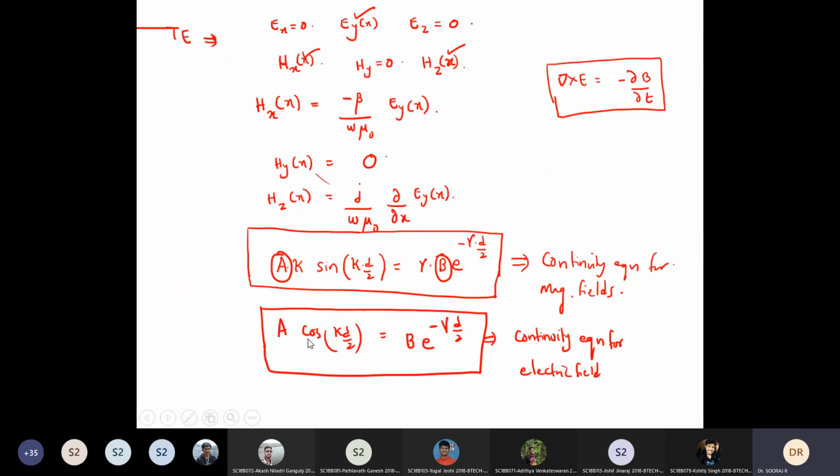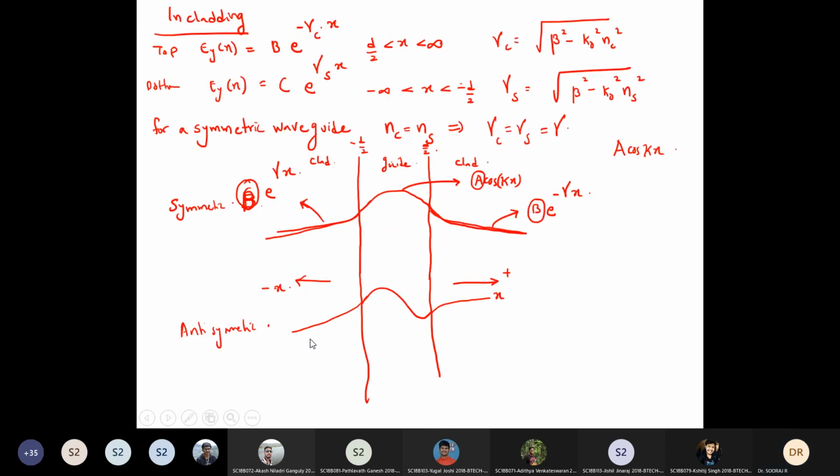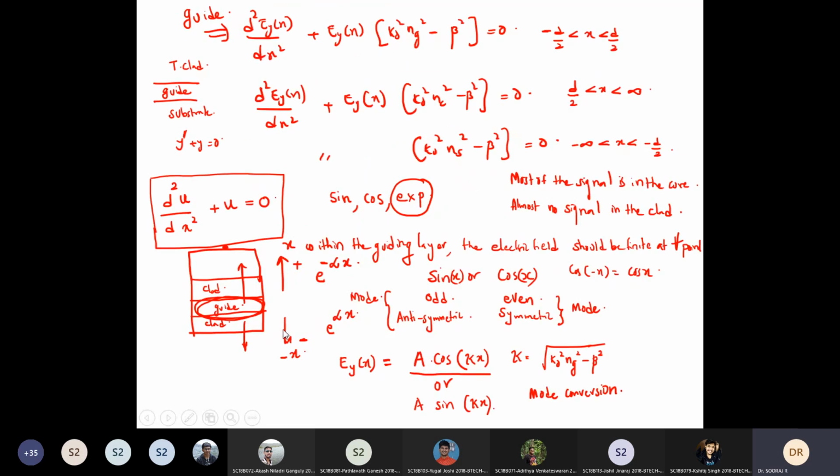In deriving all these equations, we initially assumed that the electric field inside the core has a cosine profile of the form A cos kappa x. Then you call it the symmetric mode. Rather, if you assume that the solution has the form A sin kappa x, then you have the antisymmetric mode or the odd mode.